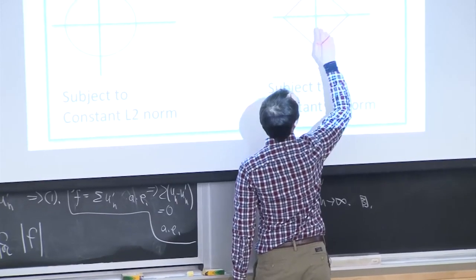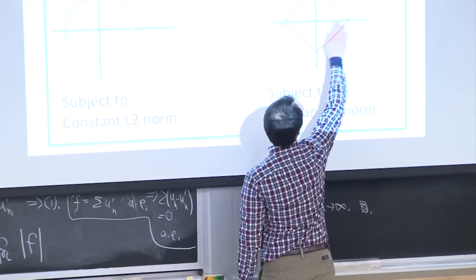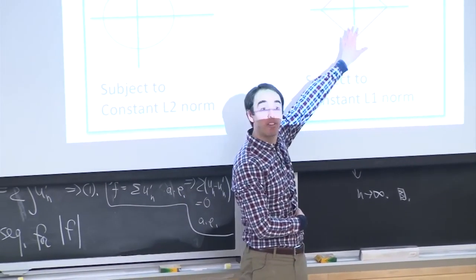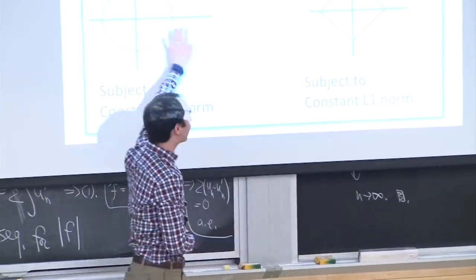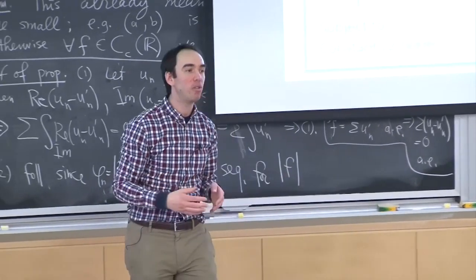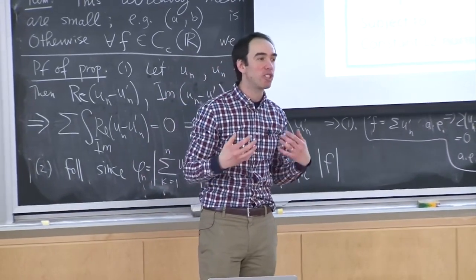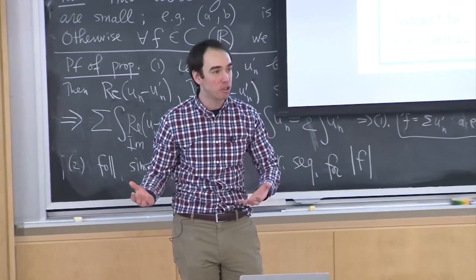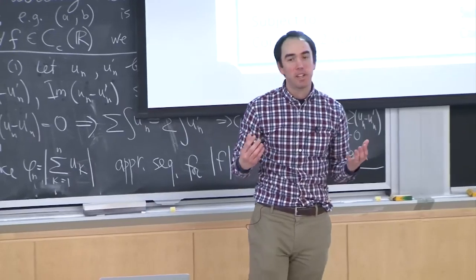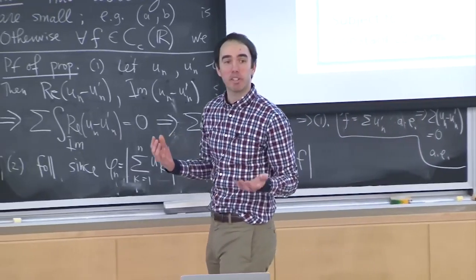Notice that that has a 0 value of W1 and a non-zero value of W2. Thus, it's found a sparser solution than this one. So this is just to give you some intuition about why using L1 regularization results in sparse solutions to your optimization problem. And that can be beneficial for two purposes.